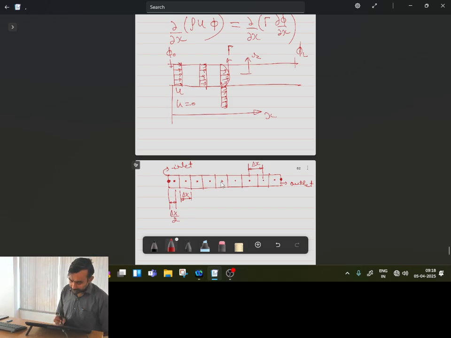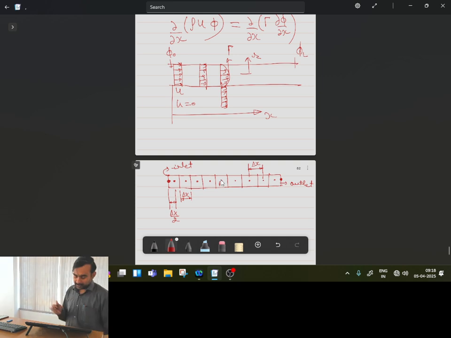Now the node in the finite volume method which we take for our analysis, that particular node which is under observation, I can represent by capital P, where P refers to the present node.